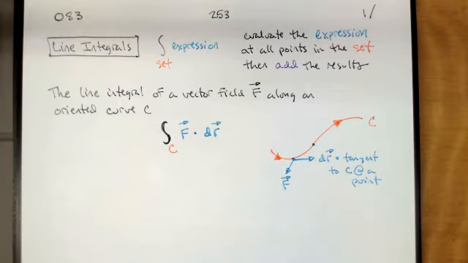This is a little bit fishy because our expression is usually changing continuously, and we're trying to plug an uncountable infinity of points into it. So when we talk about adding up the results, we normally think of addition as a plus b plus c plus d, where we can see the things that we're adding and separate them into a list, and then put a plus sign in between all of them.